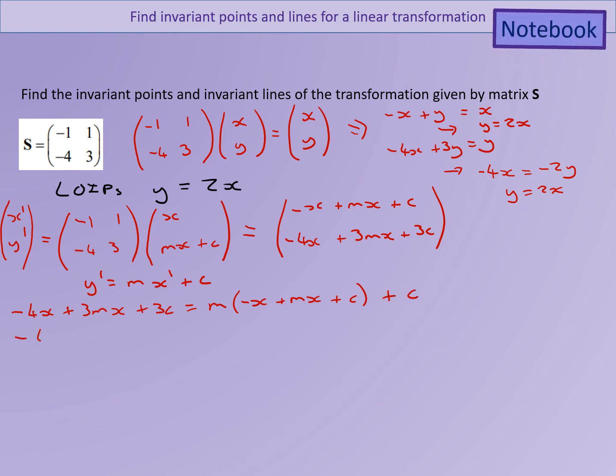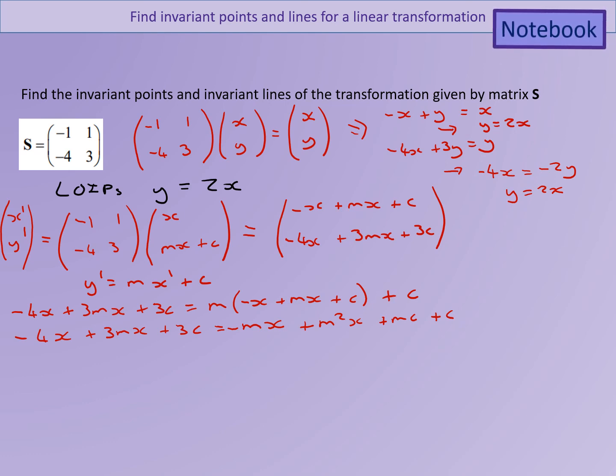Expanding that out, minus 4x plus 3mx plus 3c equals minus mx plus m squared x plus mc plus c.